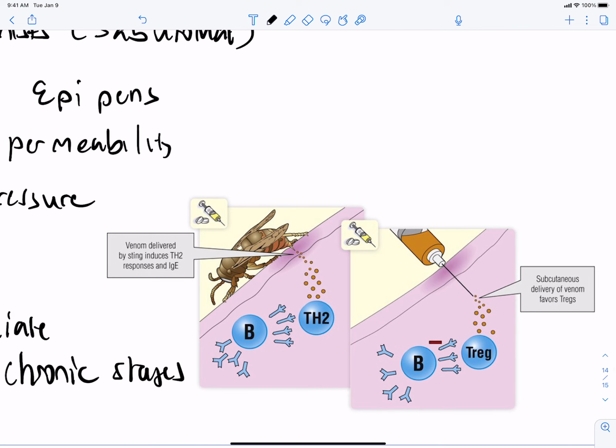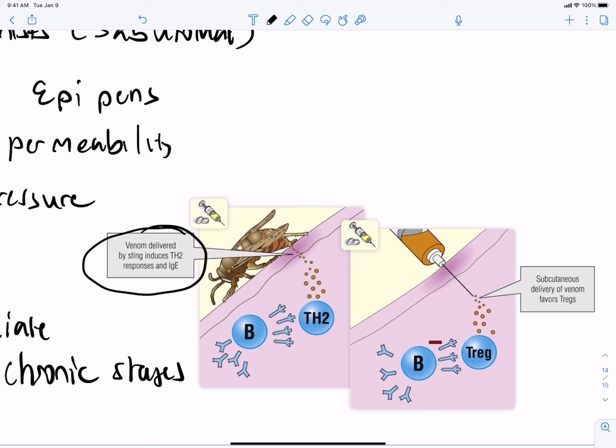So this is a desensitization technique that's being used now for many different types of allergens. And so basically, in this case, this is showing a bee. If you have a bee sting, then the bee sting is going to induce a Th2 response, an IgE.